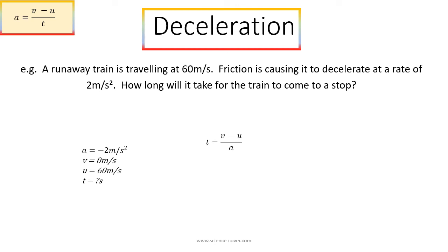And we know that the train is decelerating at 2 meters per second squared. So we can put the acceleration as a negative value of minus 2 meters per second squared. We'll keep the initial velocity at 60 meters per second and the final velocity as 0. So we now know that the time is equal to 0 minus 60 divided by minus 2.